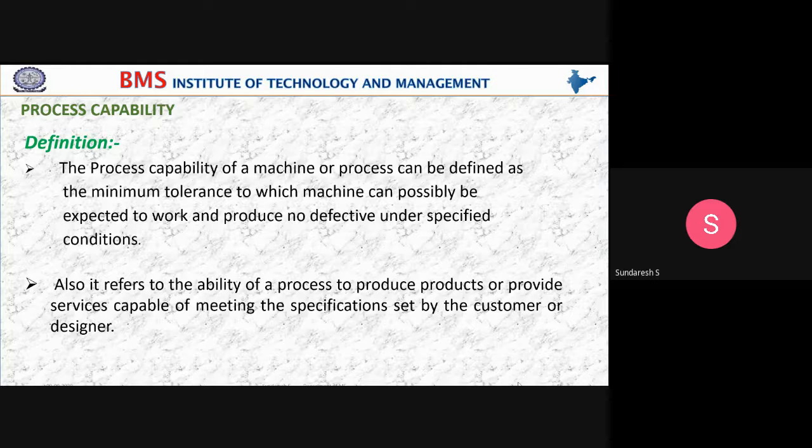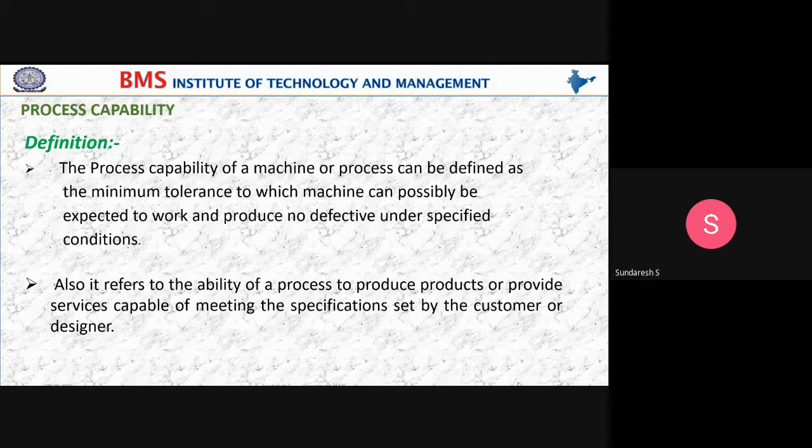So process capability studies always lead to improved equipment maintenance, improved training, or reduced cost. Why we need to do process capability, you may ask. All these things help when you do the process capability.